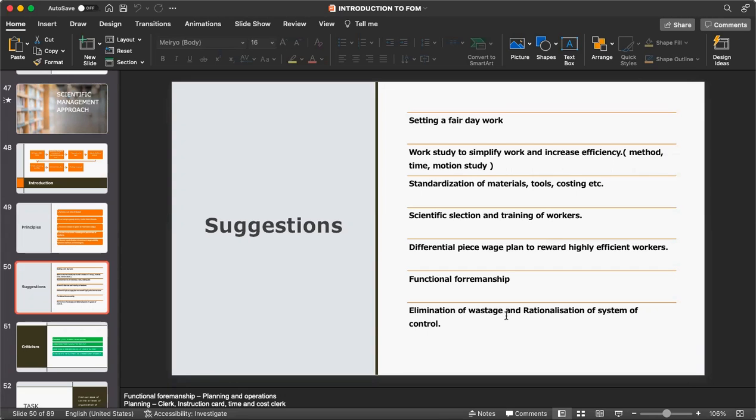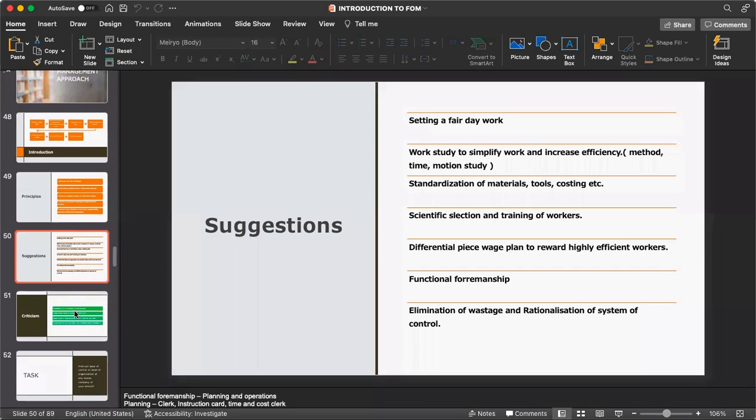The company needs to focus on elimination of wastage, or rather reduction of wastage, and on how to manage the controlling system. Controlling system means they need to manage the workers, the human resources, and the company's processes. All this comes under suggestions, or how this principle can be improved.